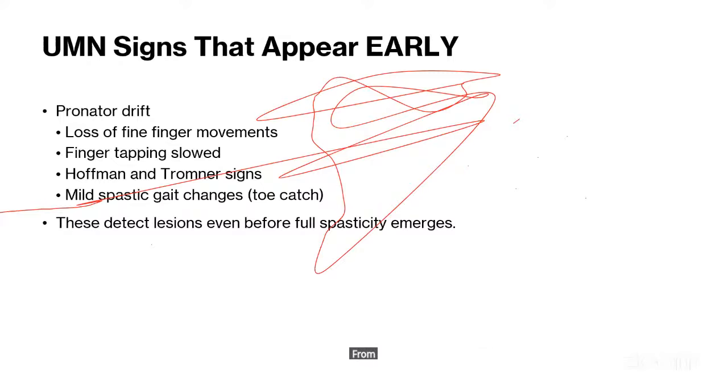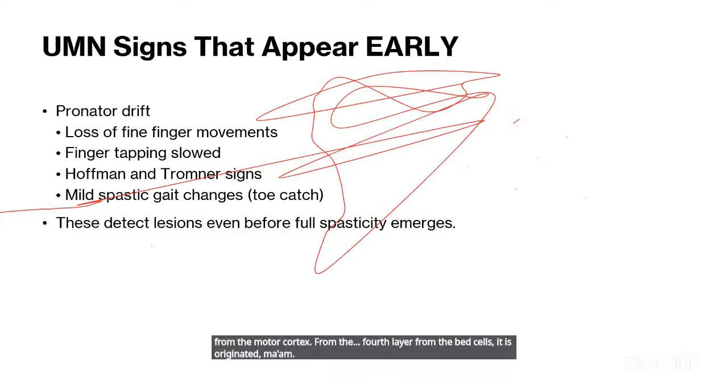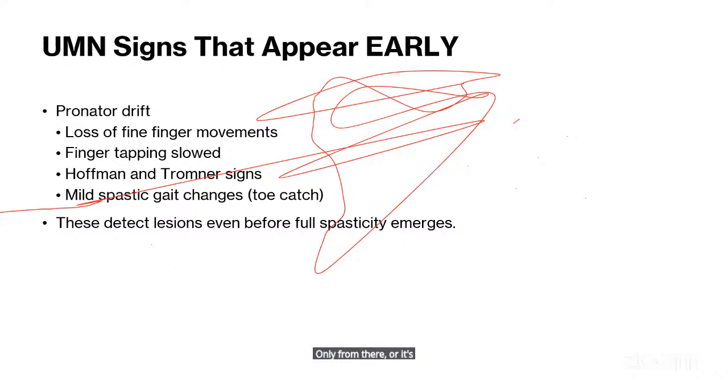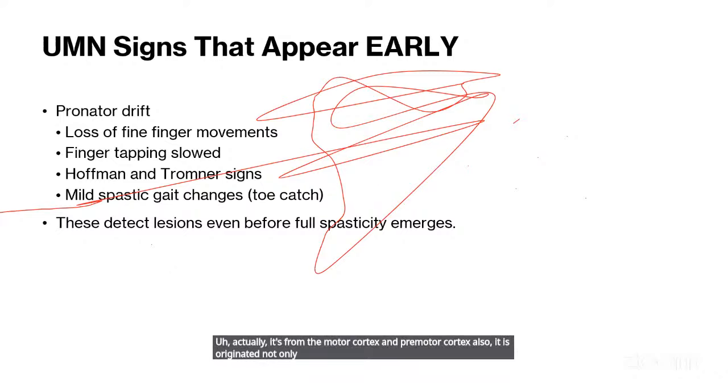Now, can you tell about the origin of the pyramidal tract? From which areas do they originate? From the motor cortex, from the fourth layer, from the Betz cells, ma'am. Only from there, or is it something different? Actually, it's from the motor cortex and premotor cortex also, not only from this.